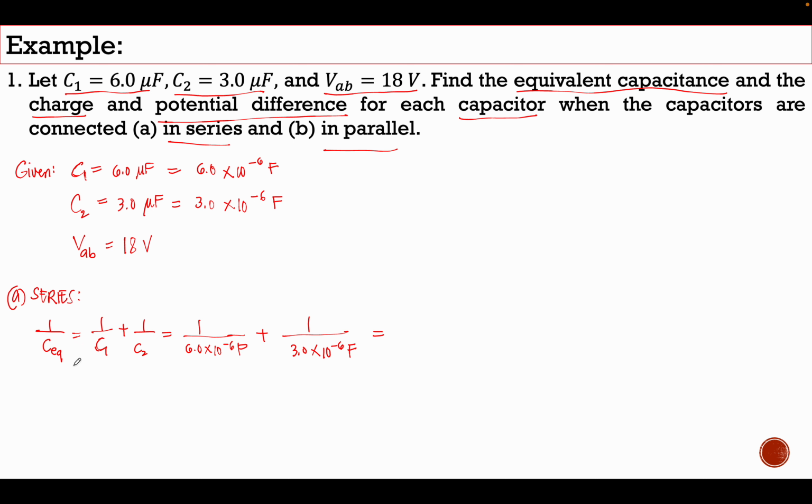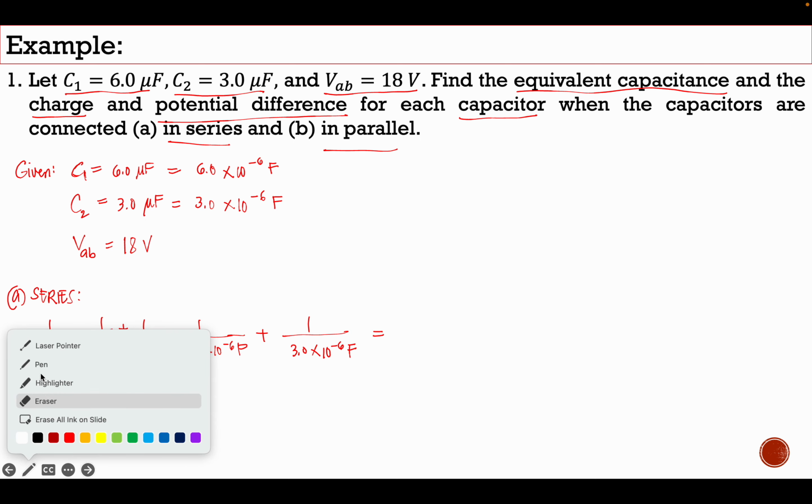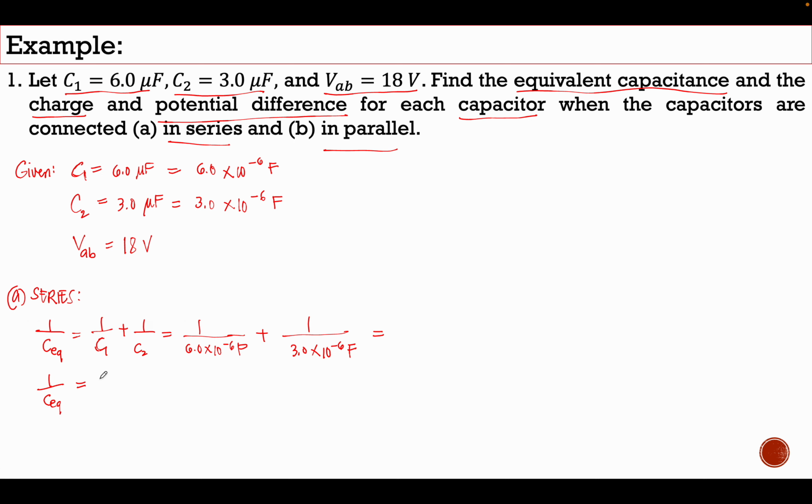So 1 over C equivalent is equal to 500,000 farads. So 1 over C equivalent pa na siya, dili pa ni mao ang equivalent gyud nga capacitance.